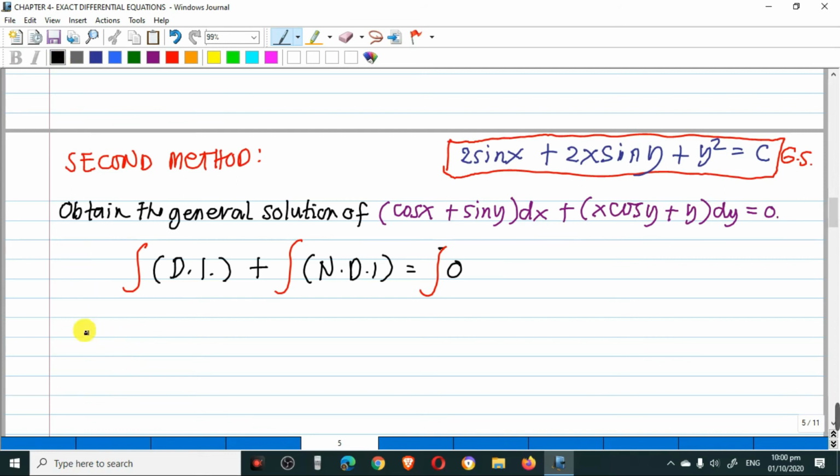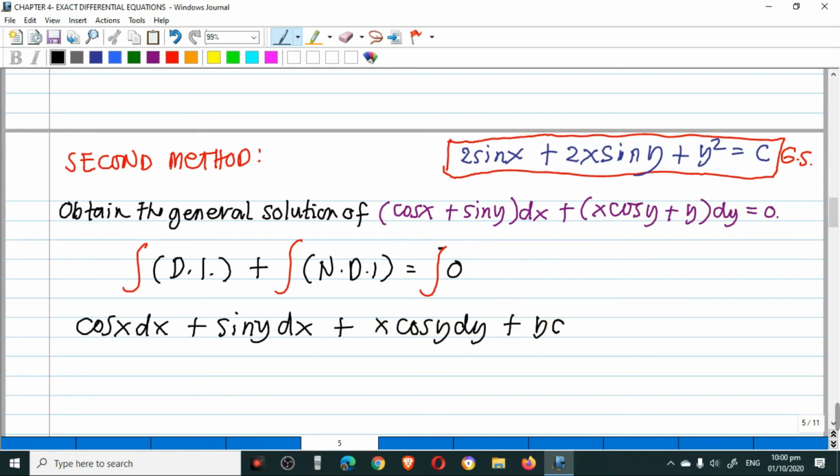So we have cosine of x multiplied by dx, then plus sine of y multiplied by dx, plus x cosine of y multiplied by dy, and plus y multiplied by dy, and this is all equal to 0.